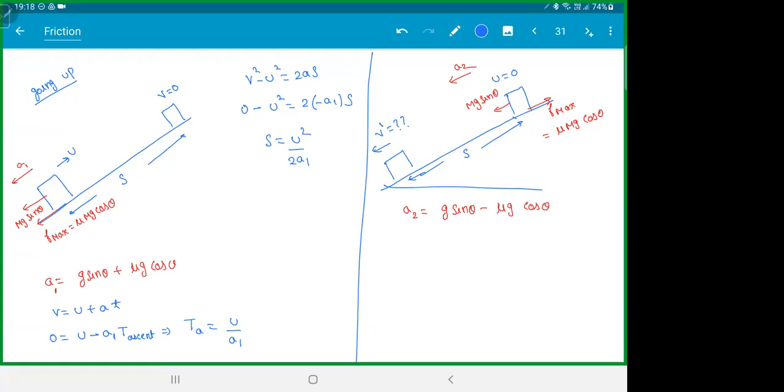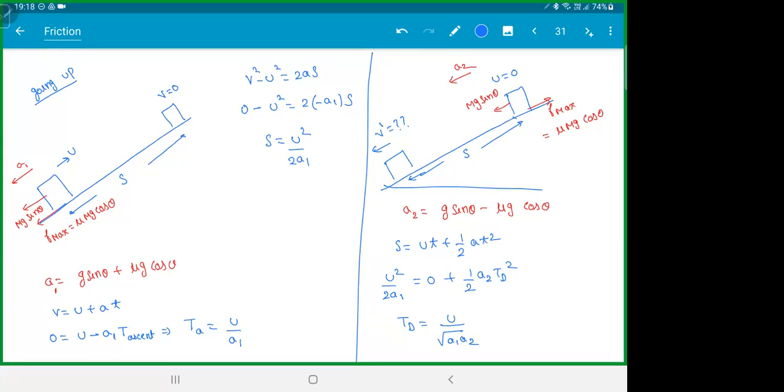I can't use v dash square minus u square either. The only equation I have is s is equal to ut plus half at square. S will be u square by 2a1. Initial velocity is 0, acceleration is a2, and this will be time of descent square. So from here I get time of descent will be u by root a1 a2.